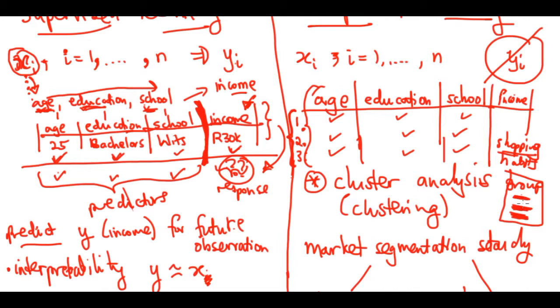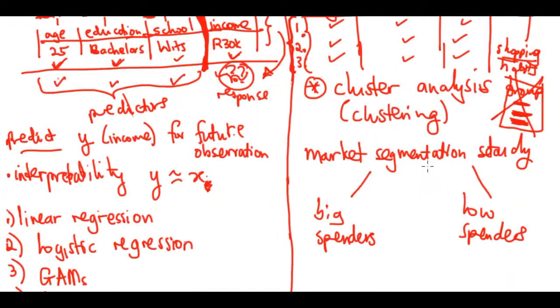But when we are at the shopping mall gathering this data, we don't know who's a big spender or who's not. We don't know that. So we want to cluster them: the big spenders should go with the big spenders based on this data that we've collected, and the low spenders should be with the low spenders based on that same data, right?